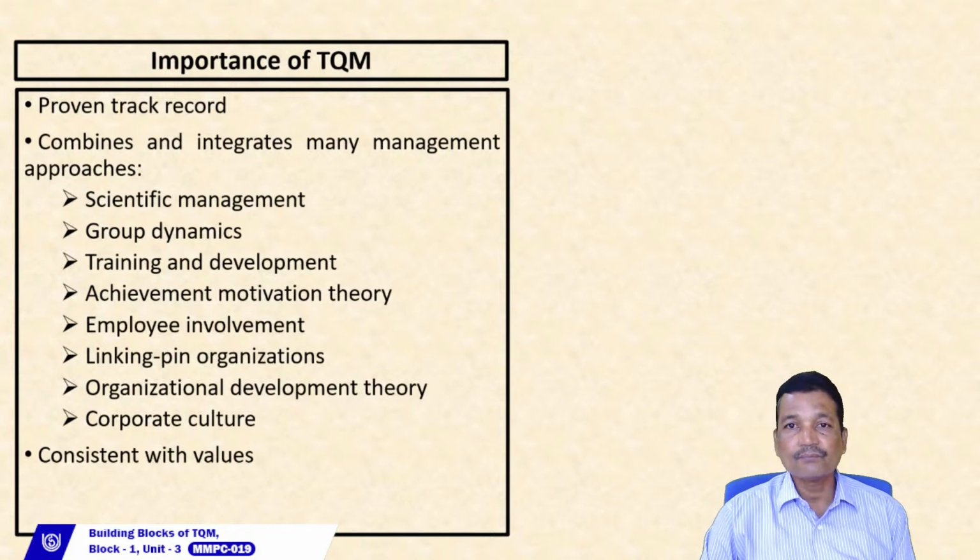However, if all of us come together in an organization, our purpose becomes one, we work in a single direction, then the group dynamics comes into the picture. That means we generate synergy.